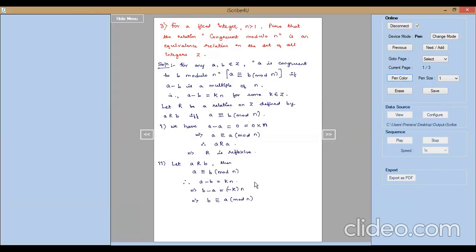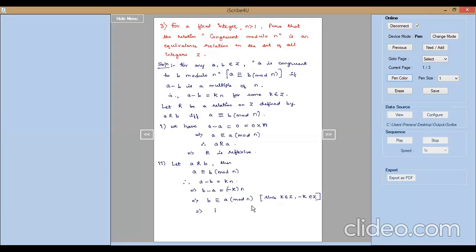So this implies B is congruent to A mod n. Why we can write like this is, since K belongs to the set of integers, minus K also belongs to the set of integers. Hence B is congruent to A mod n. So what does B congruent to A mod n say?